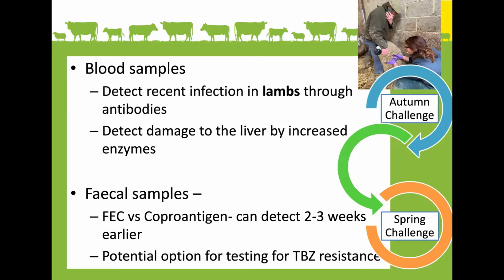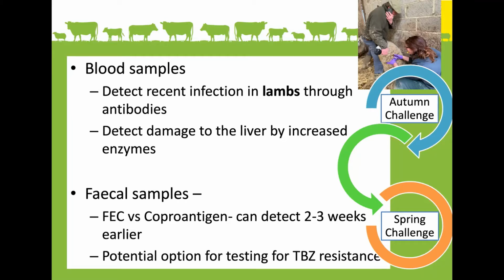Now, the best way to do surveillance is two means. And the first means is blood sampling. We can do two types of blood sampling. So one of the ways is looking for the enzymes that are produced when the liver is damaged.